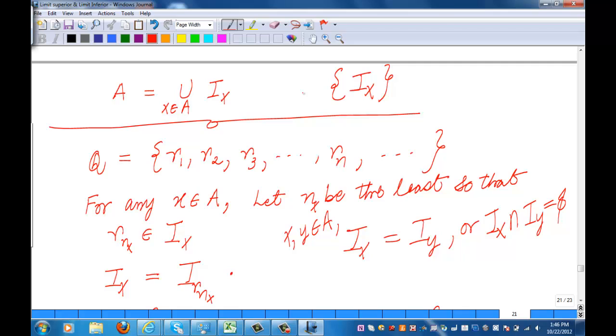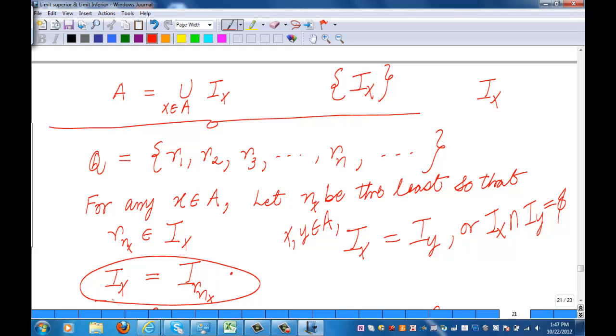Given a specific Ix, there are many rational numbers in it, but I am picking the one with the smallest index n. I'm calling that nx. So nx is the smallest index for which the rational number Rnx is inside of Ix. Since Rnx is inside of Ix, then I of Rnx and Ix are the same.